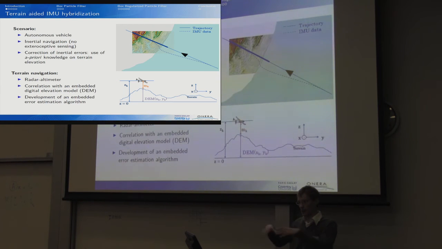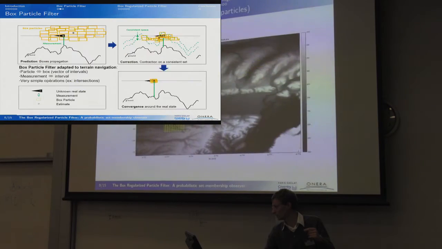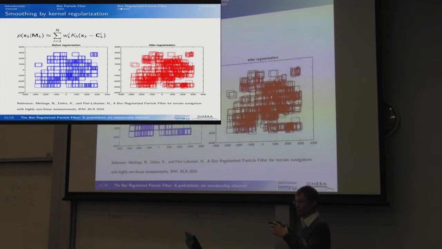But I think we have to think stochastically also, because we have several hundred box particles, and what we can see on this illustration is that something that is not covered anymore by a box will maybe be covered by another. So it is a kind of stochastic and also a little bit pessimistic exploration. Does that answer your question? Yes.